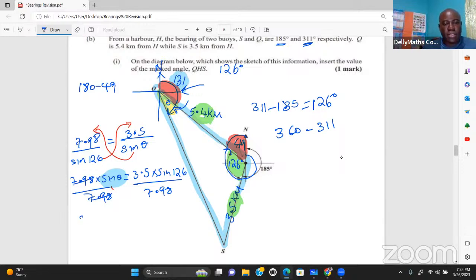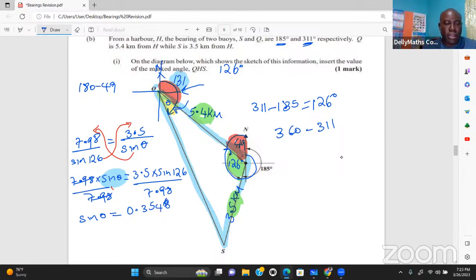So the sine of the angle that I want is going to equal 3.5 times the sine of 126, divided by 7.98. And we're getting 0.3548.